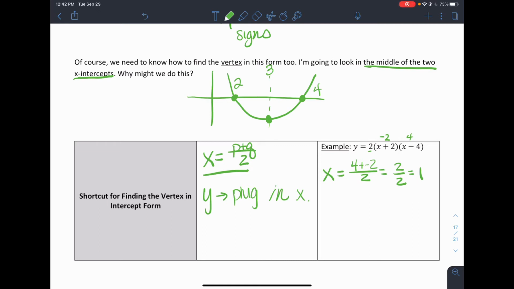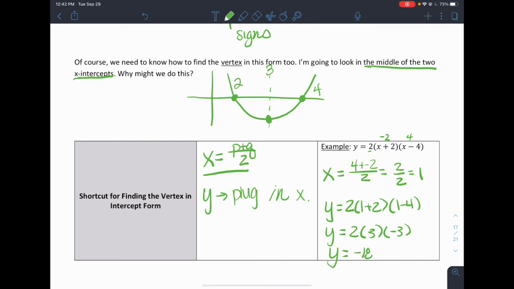Then I plug it in for y. Y equals 2 times 1 plus 2 times 1 minus 4. Y equals 2 times 3 times negative 3. Y should equal negative 18. So the vertex is at 1, negative 18.